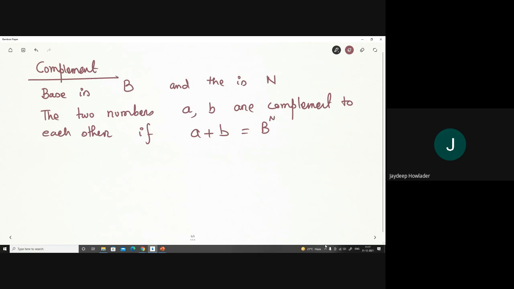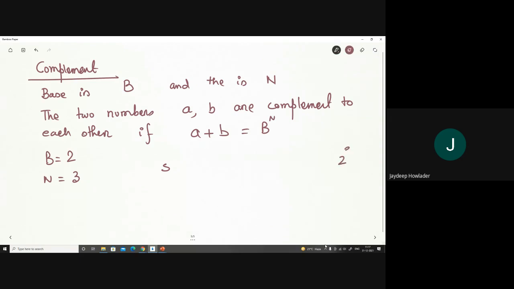Clear? Understand? Let me take an example. Let the base be 2 and n equal 3. Then take two numbers like 5. So what is 2 to the power n, or 2 to the power 3?